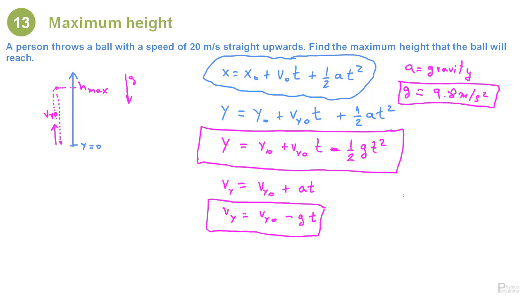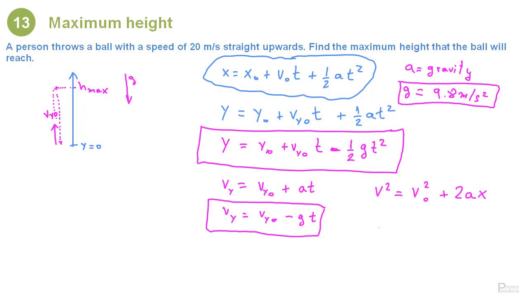The third expression that we had before was for this formula without time. In that case, we had v final square is equal to v initial square plus 2 times acceleration times distance, x.